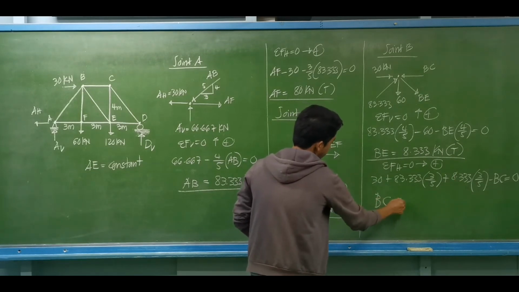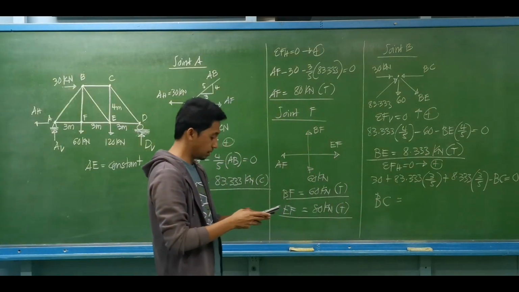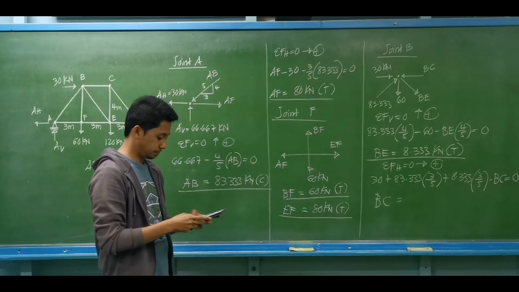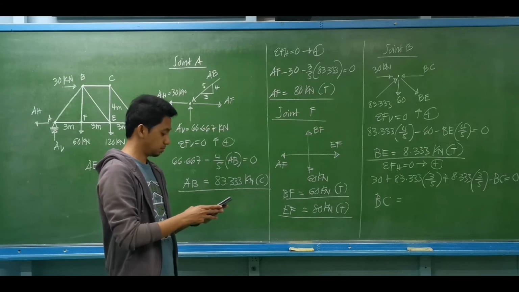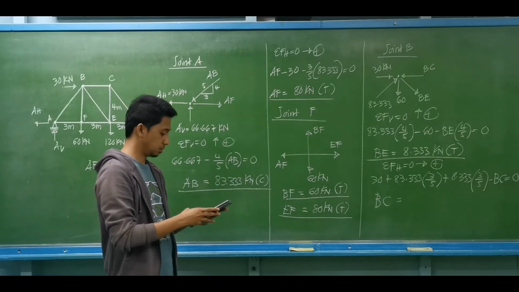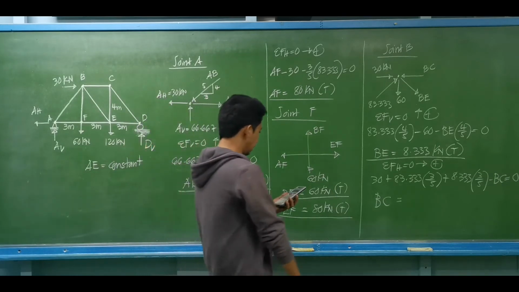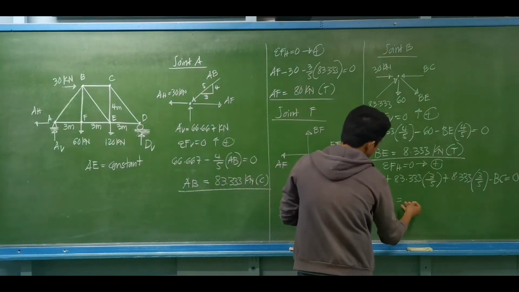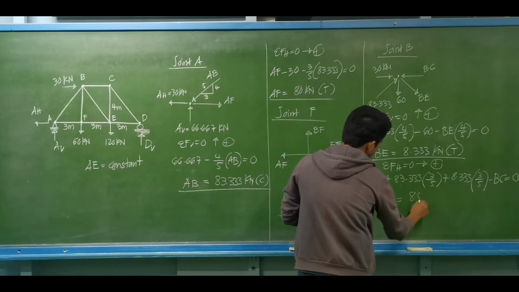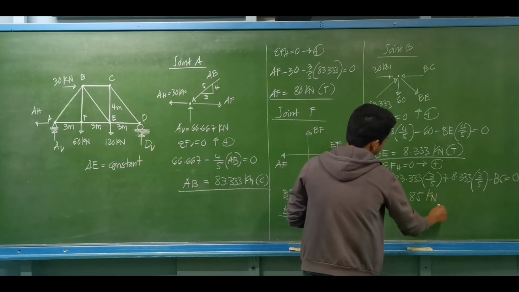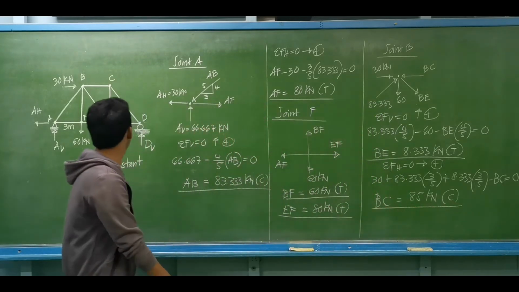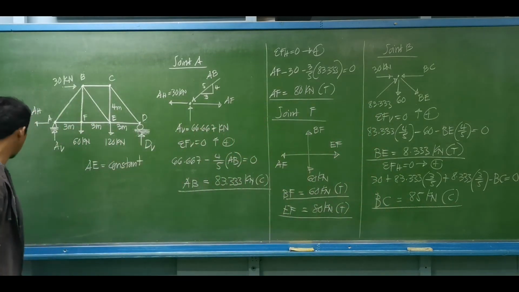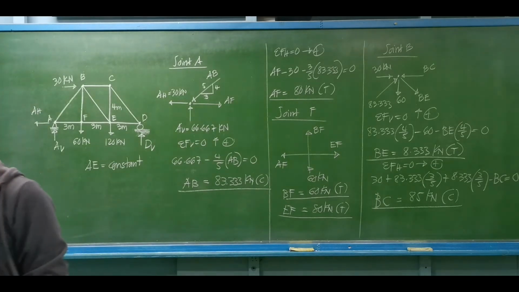So let's compute for the axial force for member BC. It is equal to 84.9996. So let's say the axial force for member BC is approximately 85 kilonewtons, and this is under tension. Okay? And we have a few members remaining, so let's compute for those values.